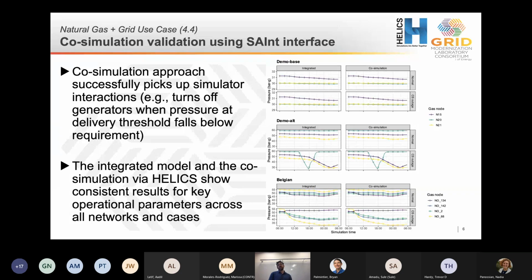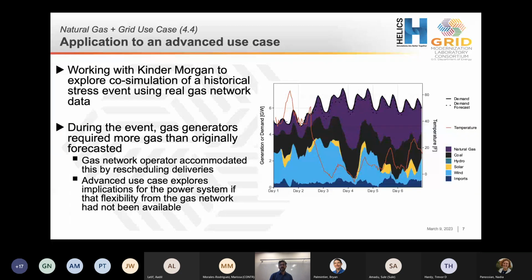One of the last things we pursued here is, now that we had this adapter, we were really interested in exploring what other types of questions we can start to answer with it. This is where we've been partnering with Kinder Morgan to explore co-simulation of a historical stress event using real gas network data.